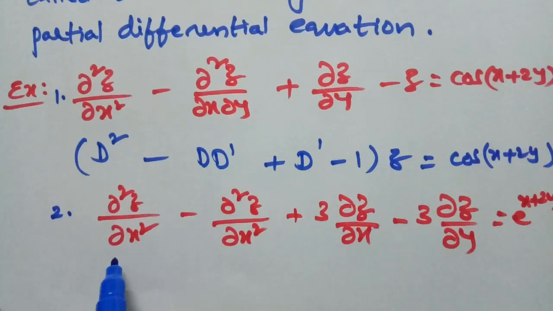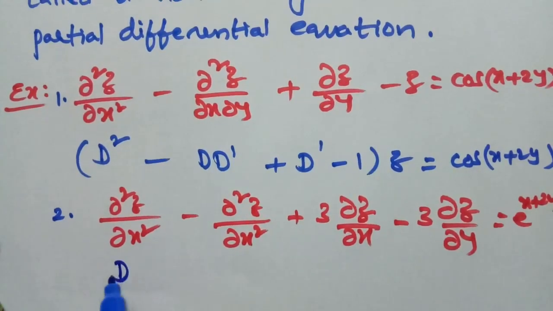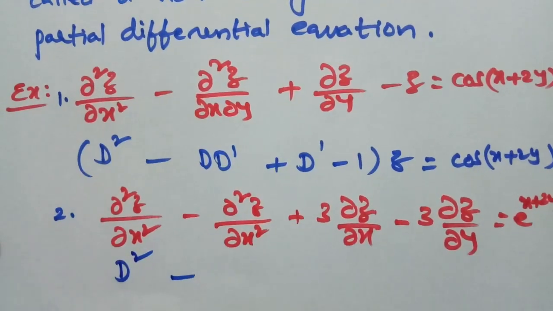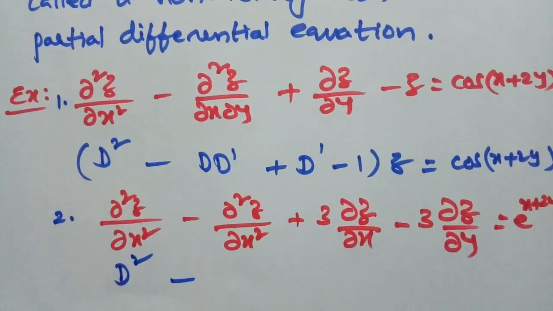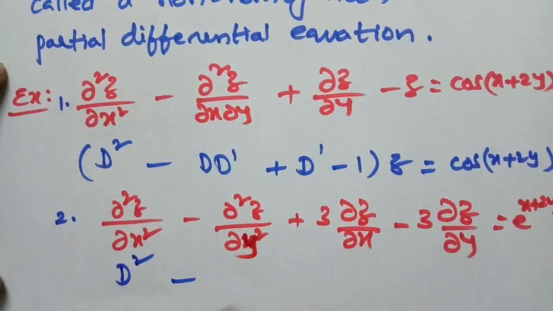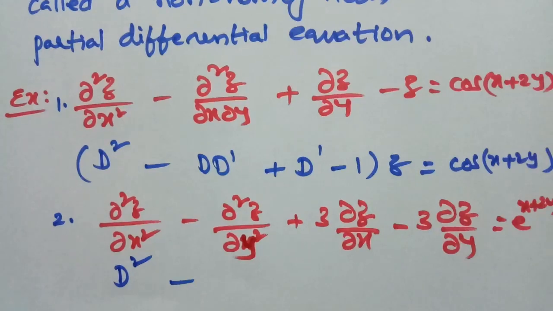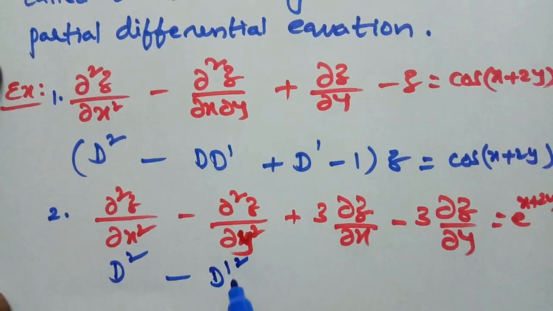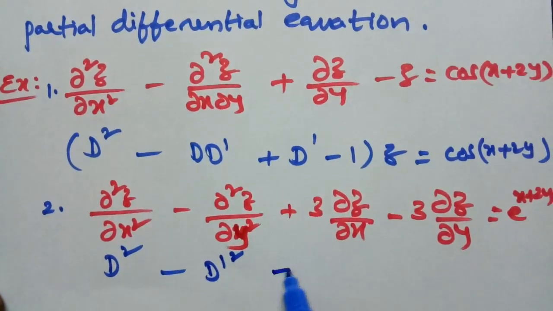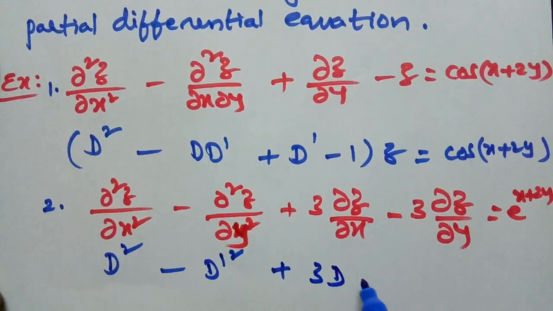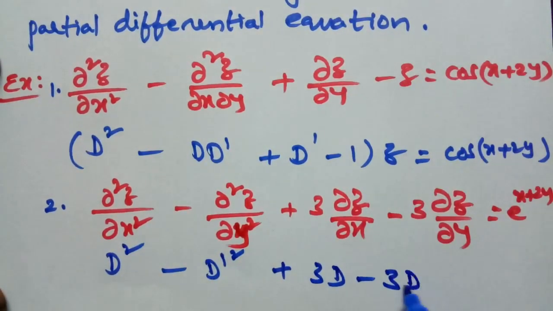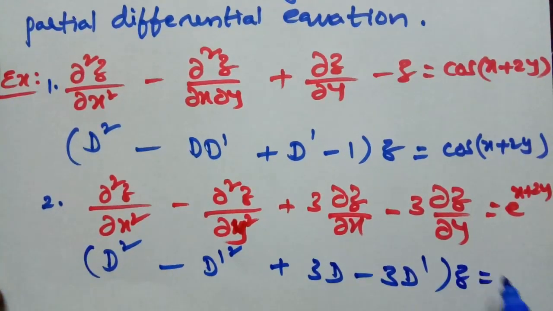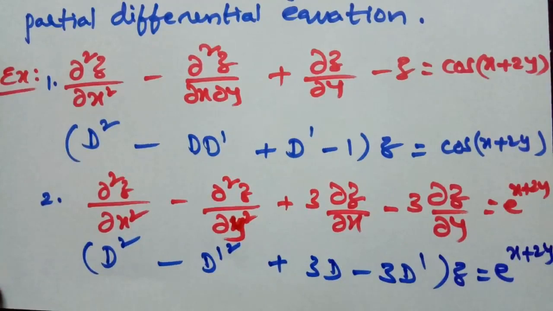Using the notation capital D for del by del x, this can be written as D square minus, sorry, del square z by del y square, so D dash square, since D dash is equal to del by del y, plus 3 D minus 3 D dash into z is equal to e power x plus 2y.